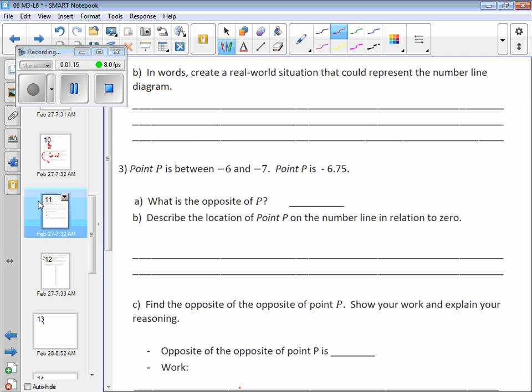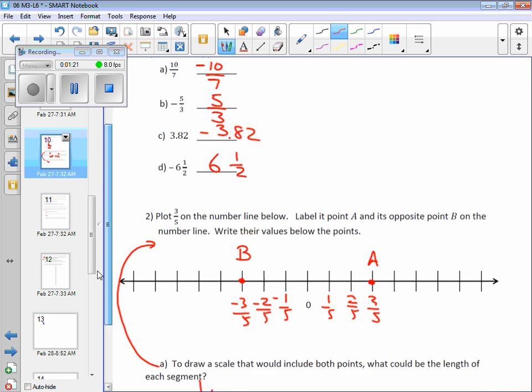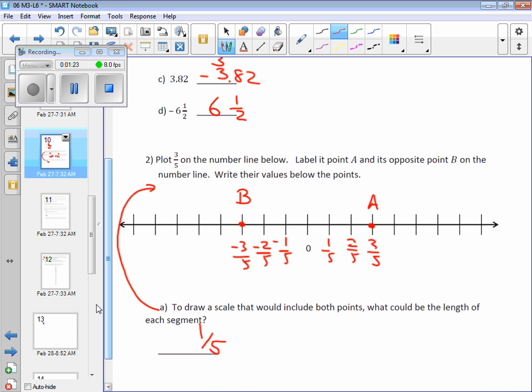Okay. Real world situations. If you think of a number line going horizontally, and just let's say you live here at 0, you could say that your friend is 3/5 of a mile to the east of you, or 3/5 of a mile in the way that you're facing to the right.